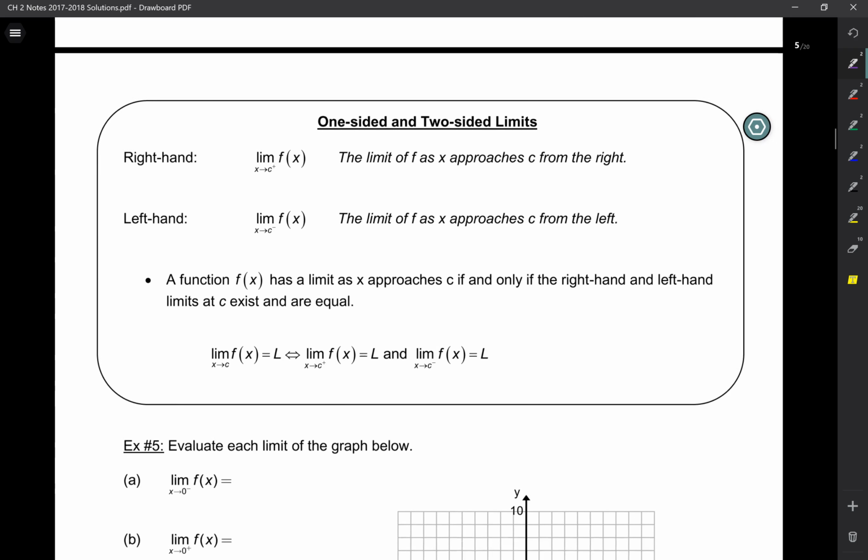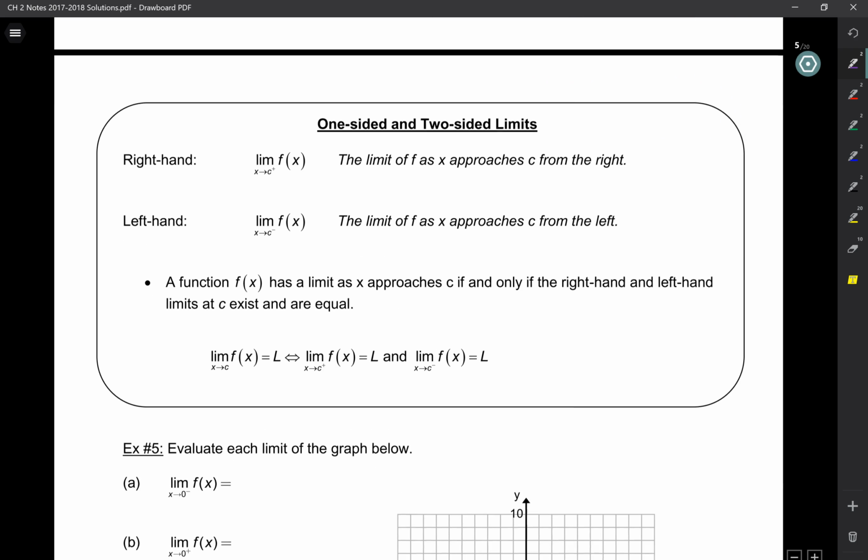So this next thing you guys did last year as well. Remember when we were doing left-handed and right-sided limits? Yeah. So right hand, if you look at the x-axis, the right hand is where the values are all positive. The left hand is where all the values are negative. So right hand, it's denoted like this. It says the limit as x approaches c plus, from the positive side. And it says x approaches c from the right.